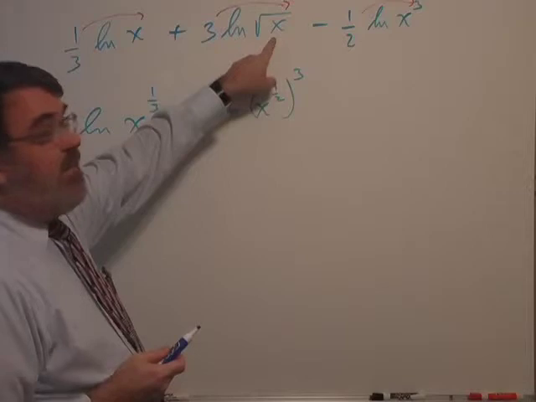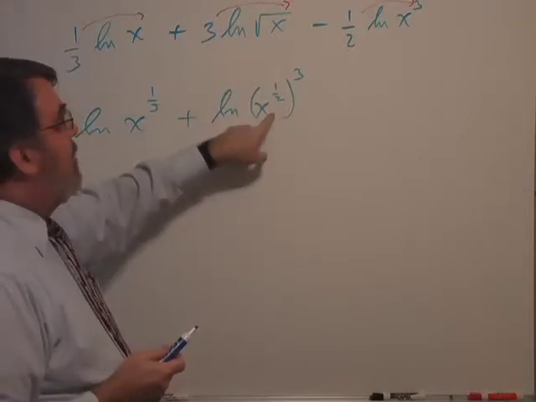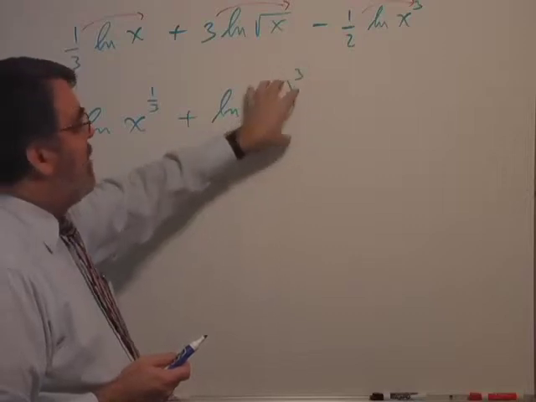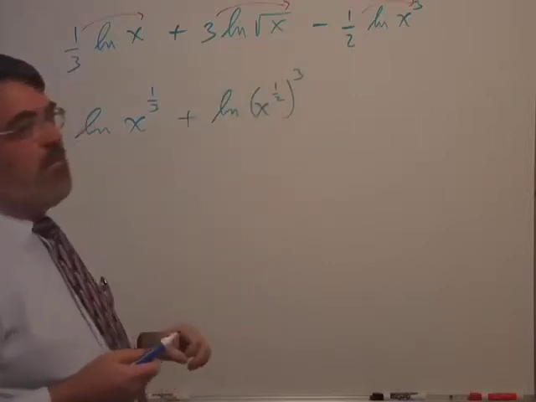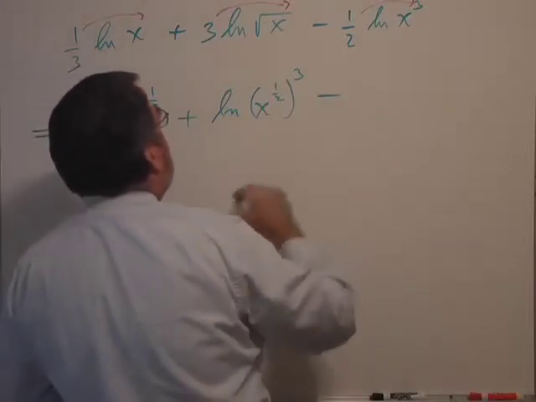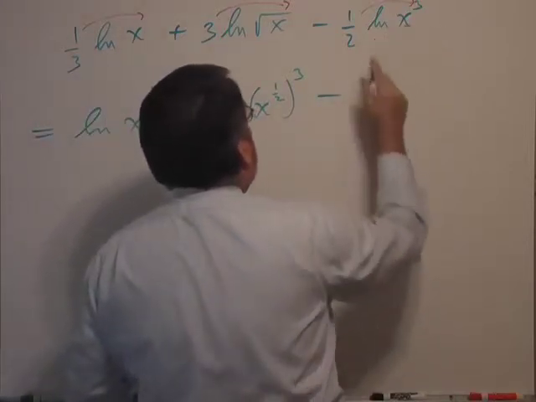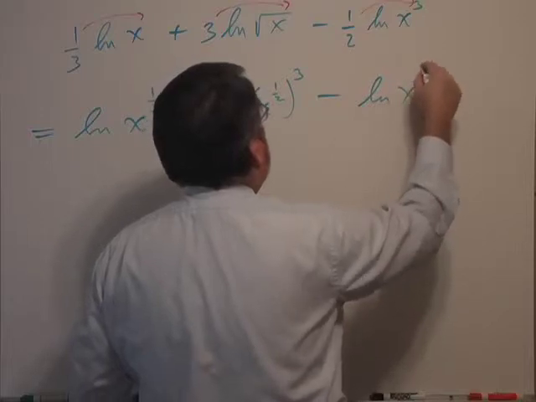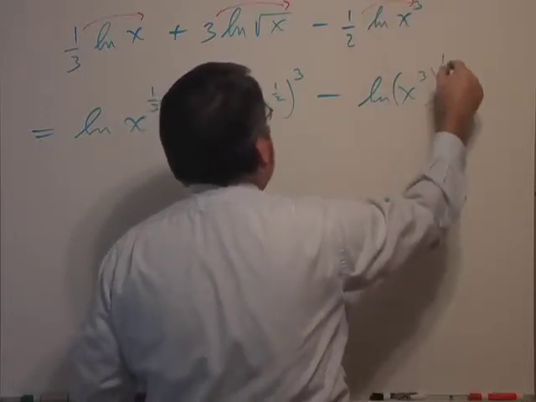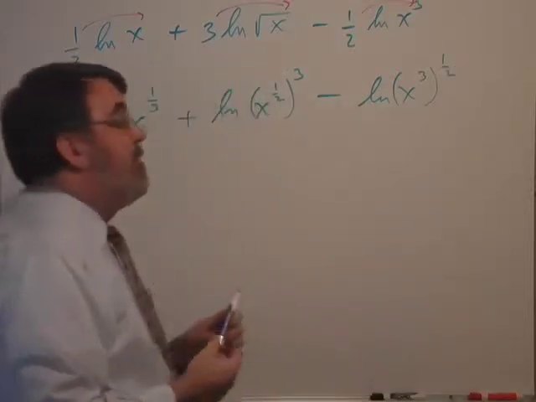I replace square root of x with x to the 1/2, and then make 3 the exponent of this quantity, because of the power rule of logarithms. And over here, minus natural log of x cubed, and the power rule says that this gets raised to the 1/2 power.